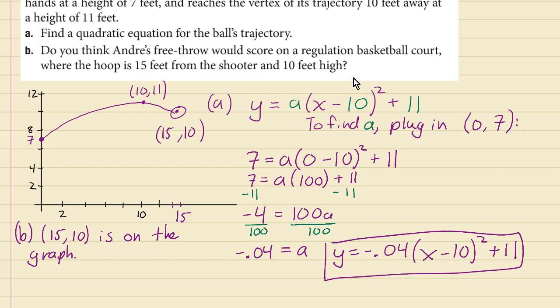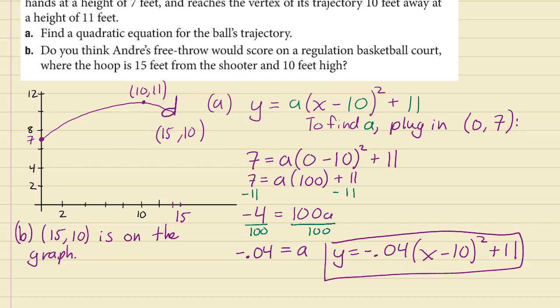But does it actually go in is a trickier question. It turns out that measurement is actually where the backboard is, that 15 feet. So the backboard would be right there at x equals 15, and then the hoop would kind of stick out beyond that. So what might happen is it might bounce off the very back of the hoop.